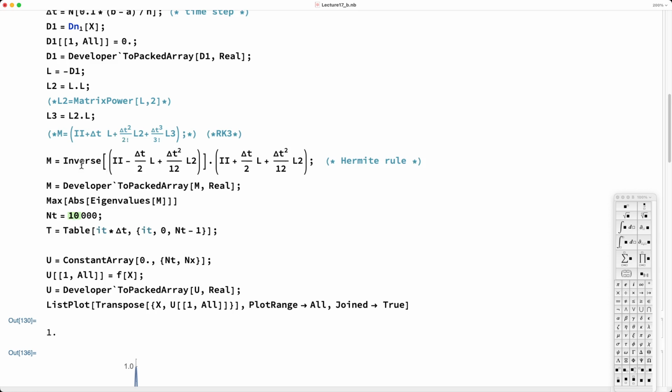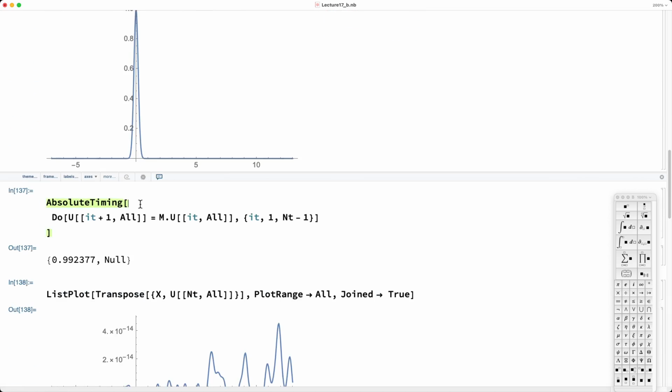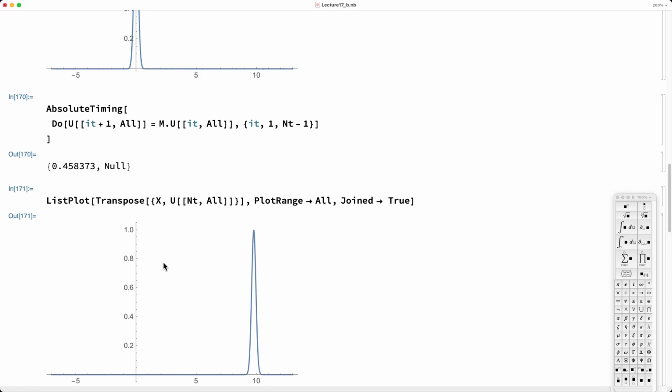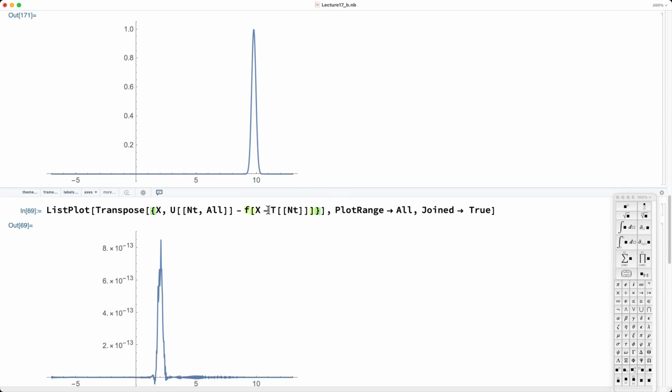So let's try 5,000 time points, and let's see, now that runs in half the time, of course, and you see that the Gaussian hasn't escaped yet, it's still in here.